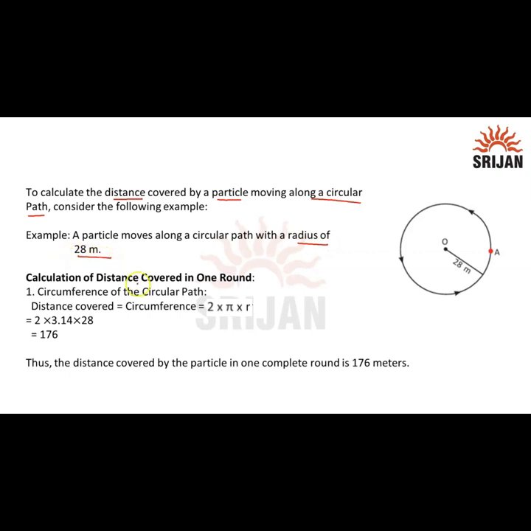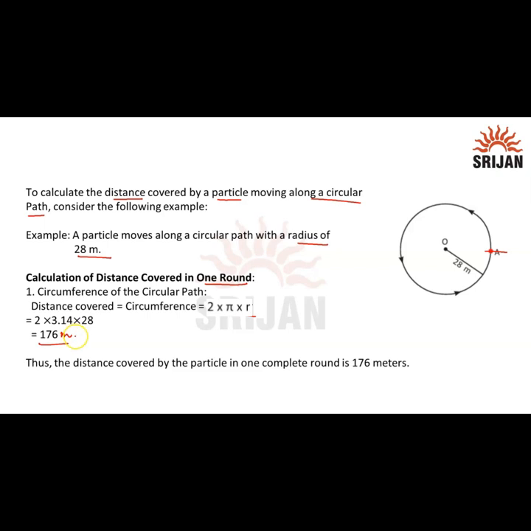If we want to calculate the distance covered in one round, if a boy starts from point O and reaches point O only, the distance traveled by him will be approximately equal to the circumference of the circle. The formula for circumference is 2 pi r, where pi is equal to 22 by 7 or 3.14. So, the total distance comes out to be 176 meters.